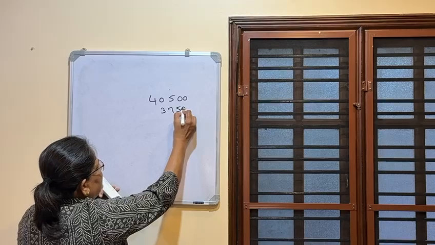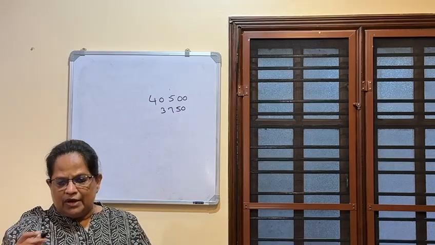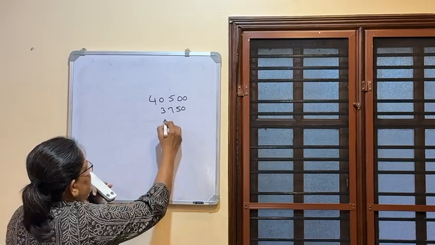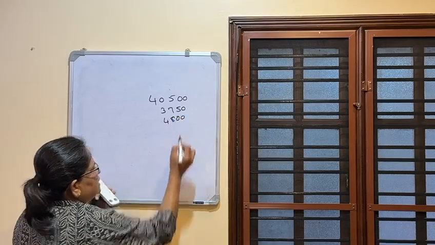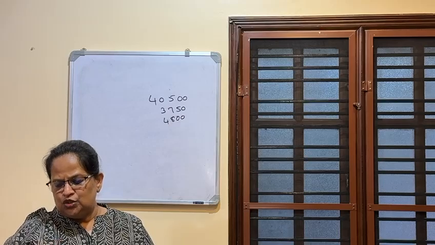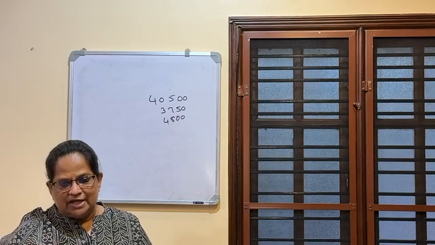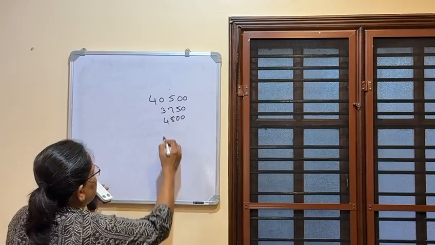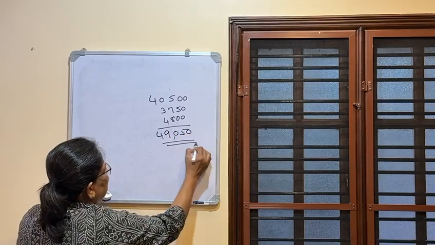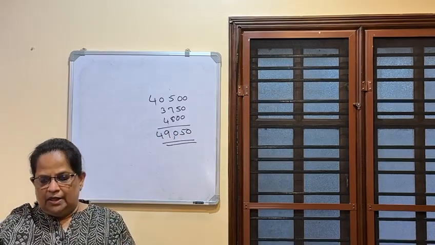That is 3,750. Now rent of air conditioner, that is May to August, 1,200 into 4, which is 4,800. May, June, July, August. Now taxable RFA is 49,050. So this is the value of taxable RFA.